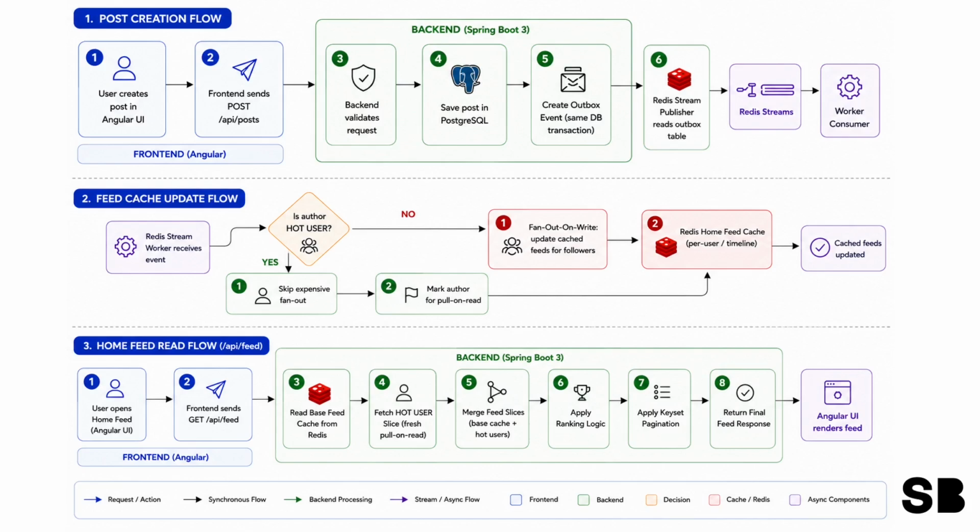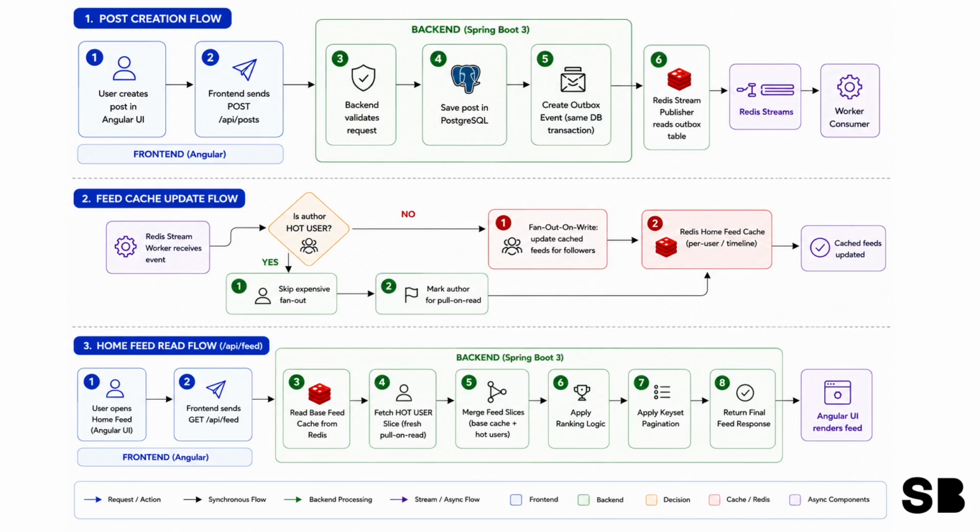The front end renders the feed for the user. So the complete architecture works like this. When a post is created, it is saved in the database. An outbox event is created in the same transaction. A publisher sends that event to a stream. A worker consumes that event.